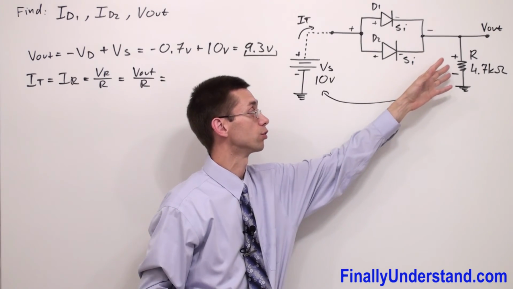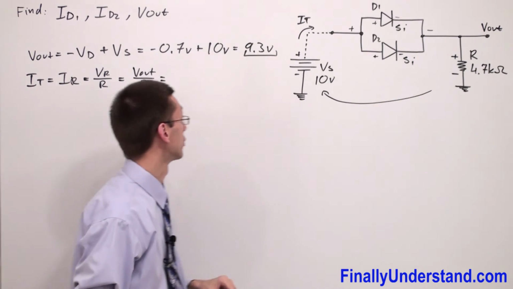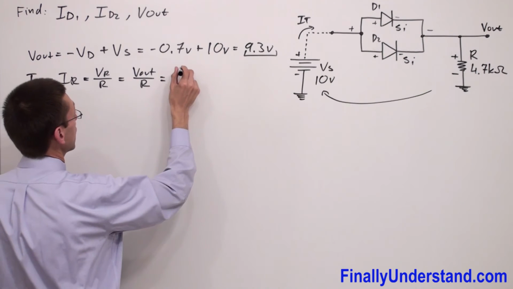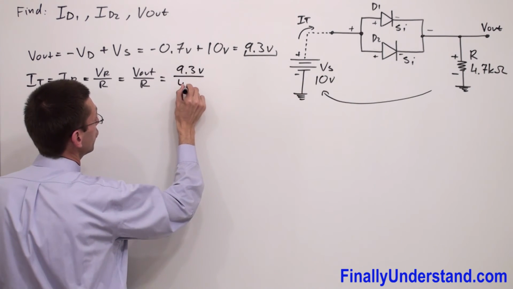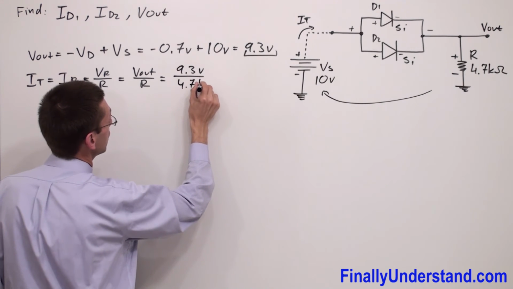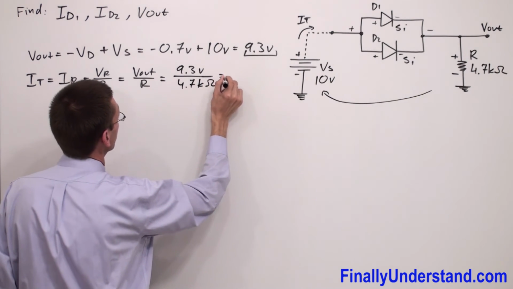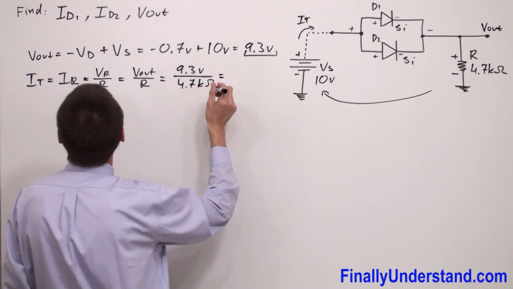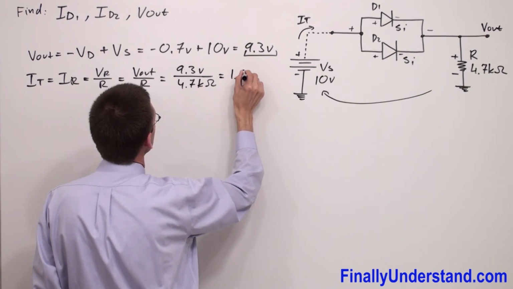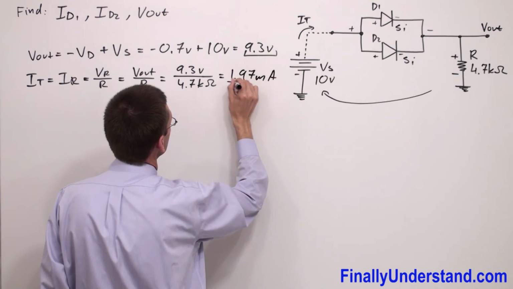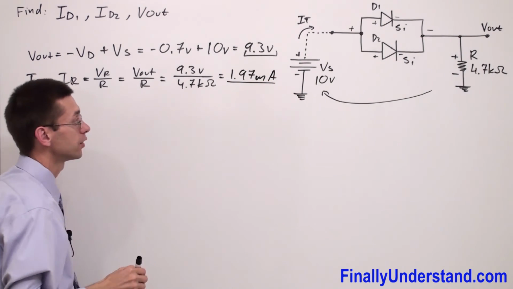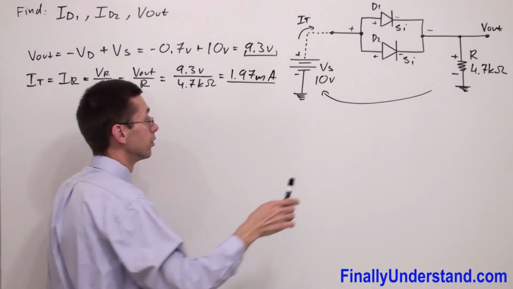Because V out is going to appear across the resistor. So I can say that this is equal to 9.3 volts over 4.7 kilo ohms. Okay, so this is equal to 1.97 milliamps.